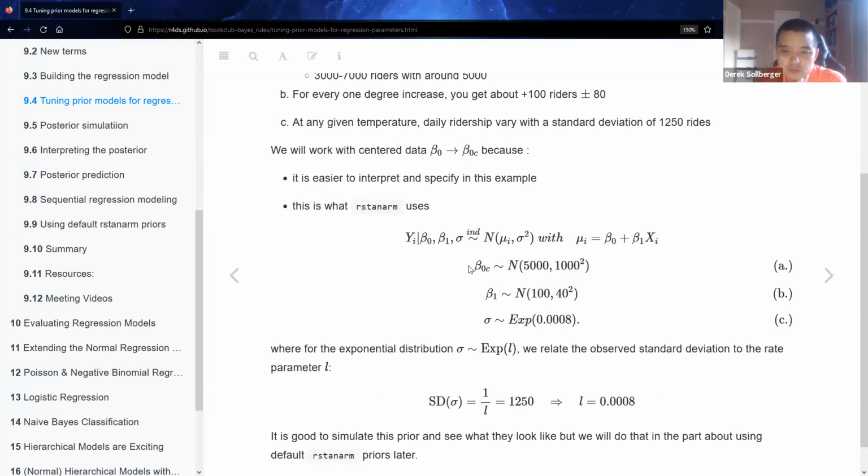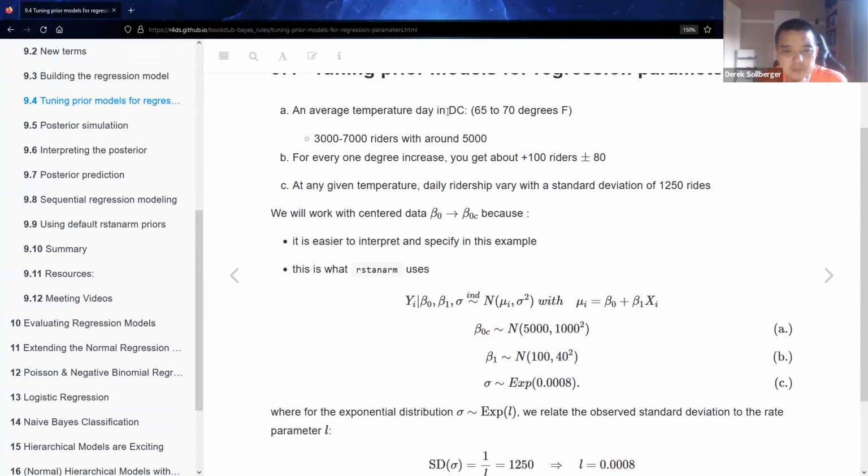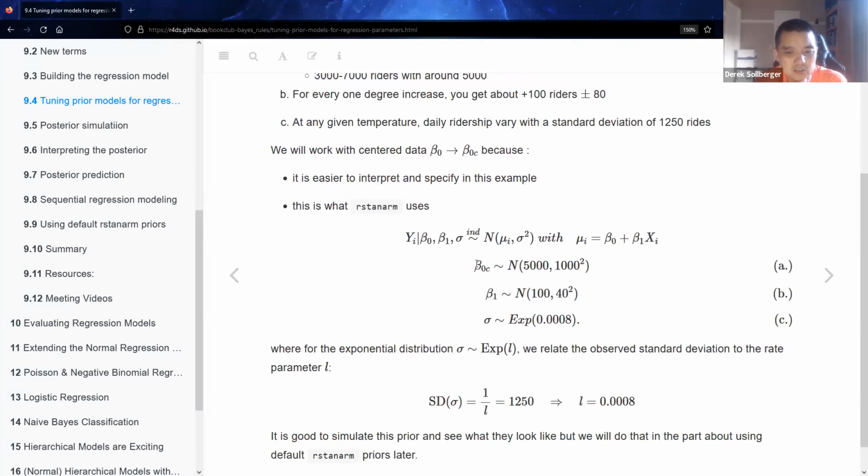So right now, based on some of the domain expertise advice, our centered coefficient has this for its prior normal distribution, with a mean of 5,000 and a standard deviation of 1,000.